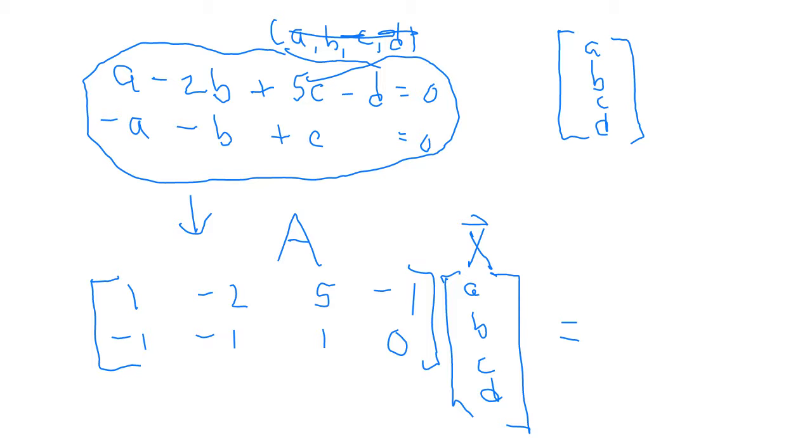The matrix is a 2 by 4. So naturally X is a 4 by 1. How many components in the 0 vector?